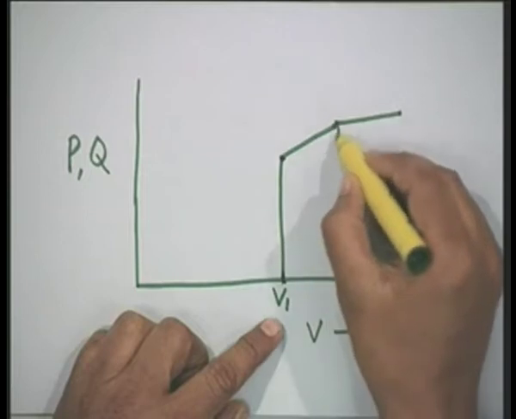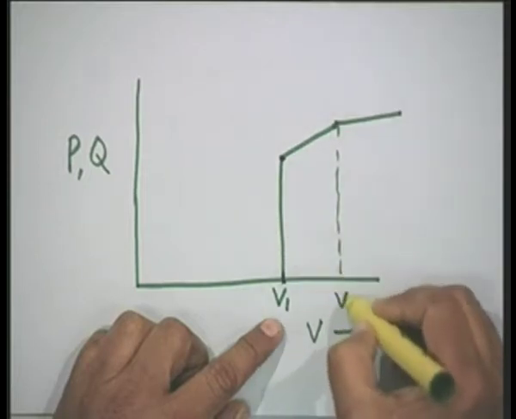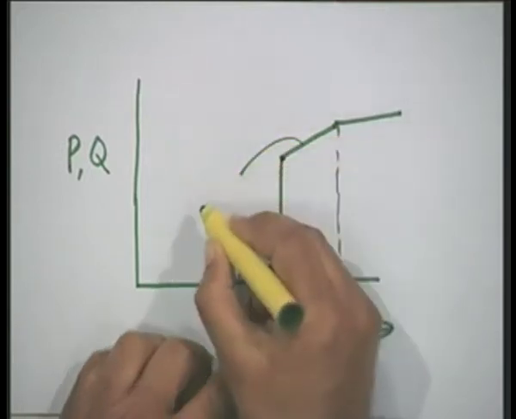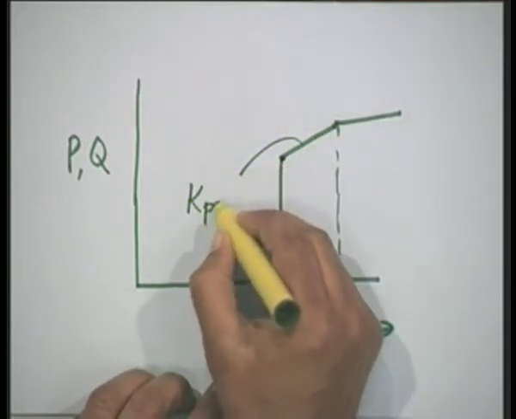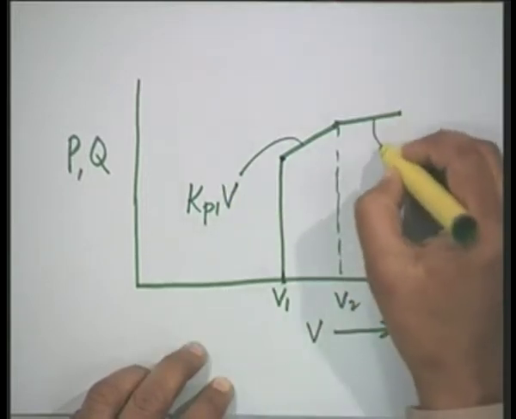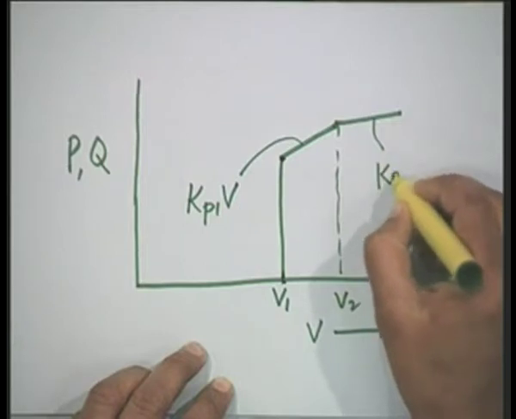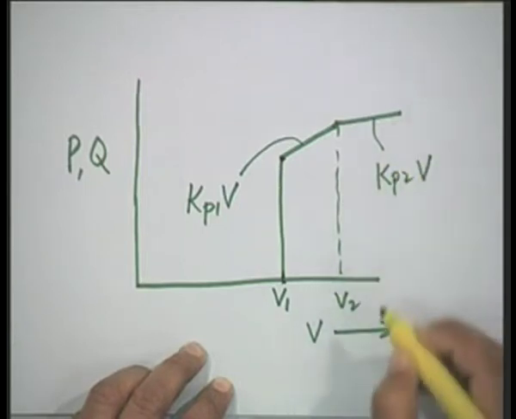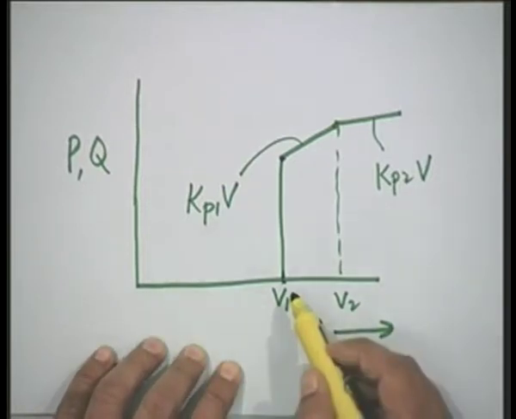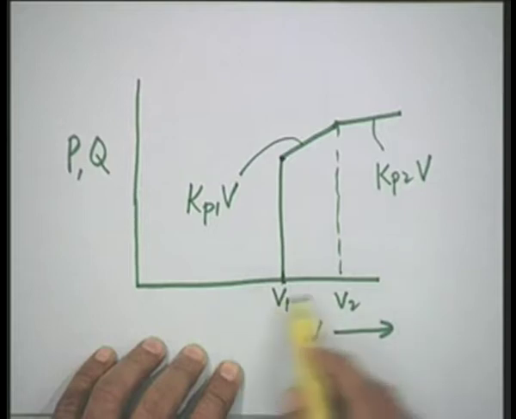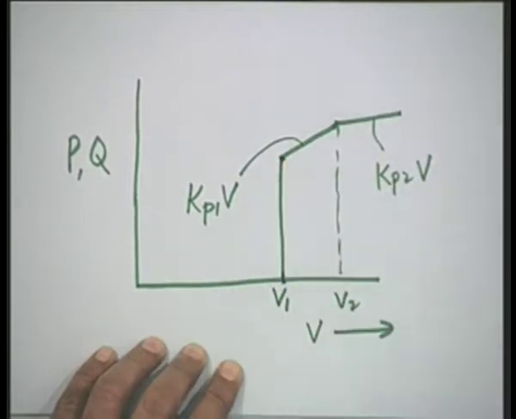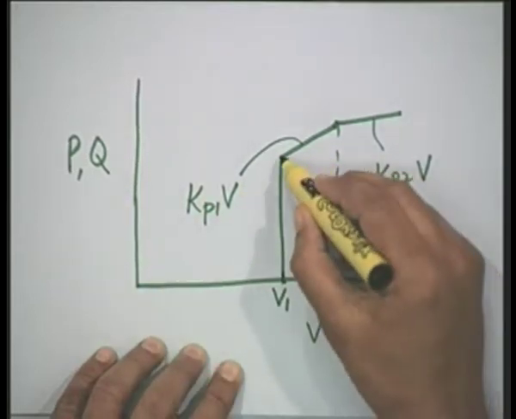That is, from V1 to V2 it can be represented as some Kp1 into V, and here it can be represented as Kp2 into V. So far as the reactive power consumed is concerned, its variation is very non-linear in nature.